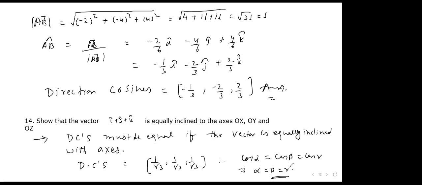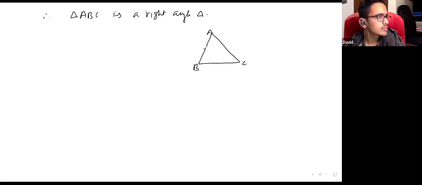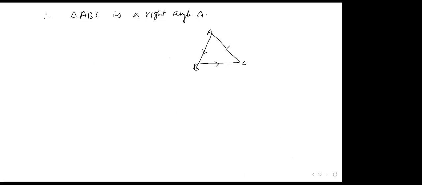Question number 18. AB plus BC plus CA equals 0. Which of the following is not true? See, if we take any closed figure like triangle ABC, and if we take direction in cyclic order AB, BC, CA, then it is always AB plus BC plus CA equals 0.